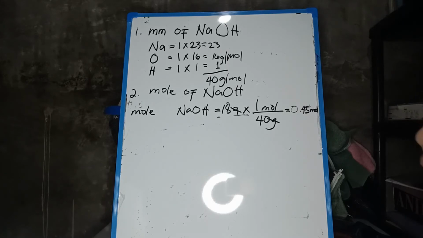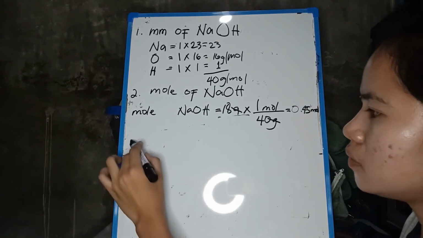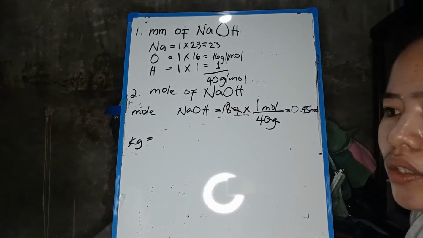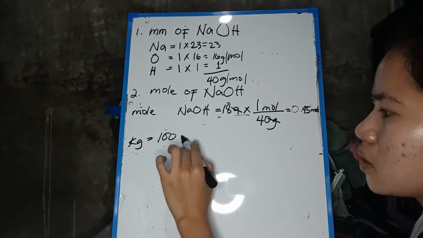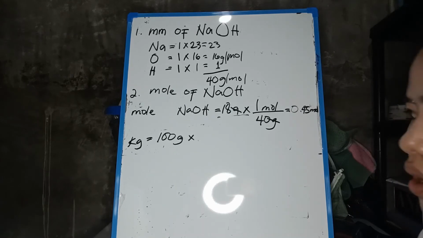So, we can now get the molality of our given problem. But since, as we all know, kapag molarity or molality ang gipangita, ang grams or ang isa ka given must convert into kilogram. So, we have, diba, since our given is 100 grams, we need to convert 100 grams into kilogram.